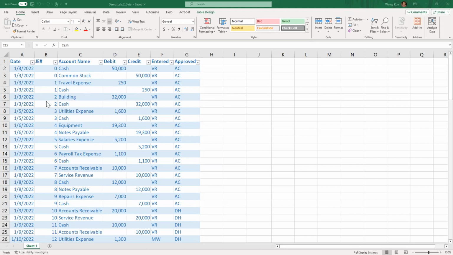So in the original data, you have all of the transactions. It's like making journal entries in the financial accounting system.